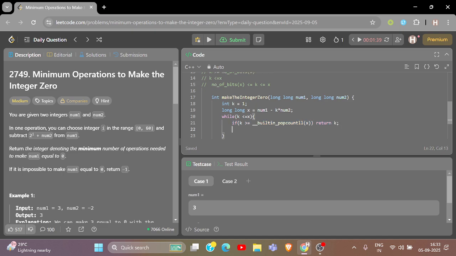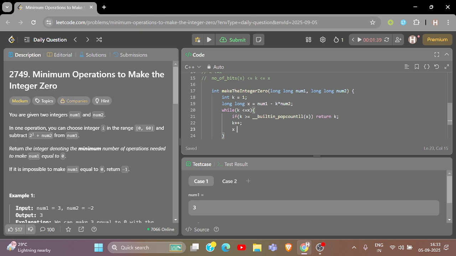So this is going to be my answer. Otherwise, I will increment my k and update my x to num1 minus k times num2.